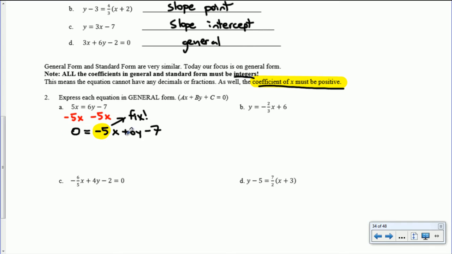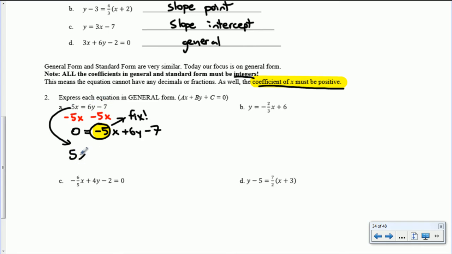So rather than bringing everything to the right, maybe don't write that at all, but I'm just going to leave it so you know what to avoid, right? That's an issue. So rather than do that, I bring the 6y and the negative 7 to the left.